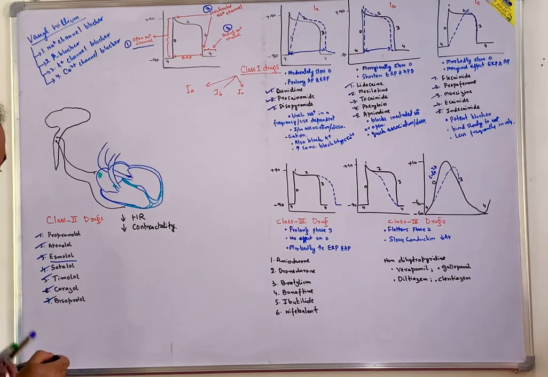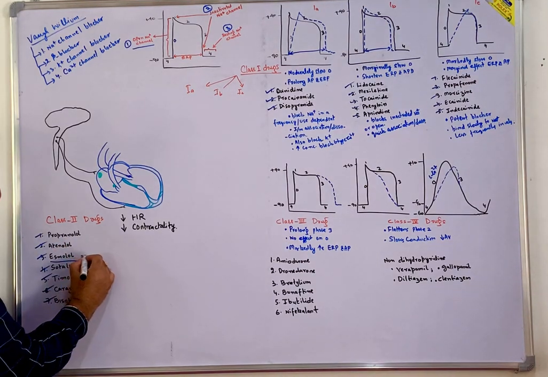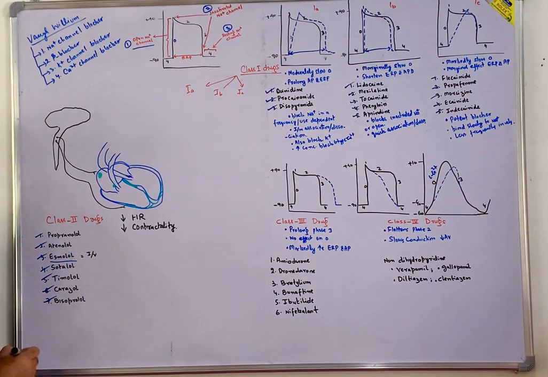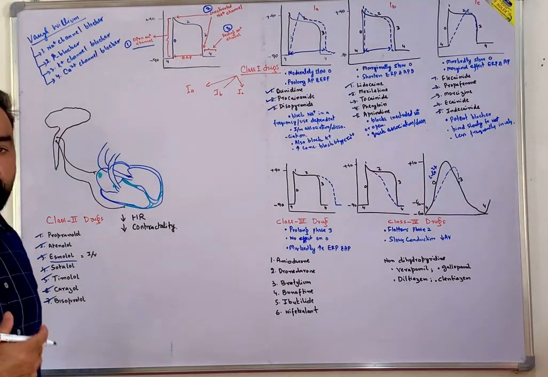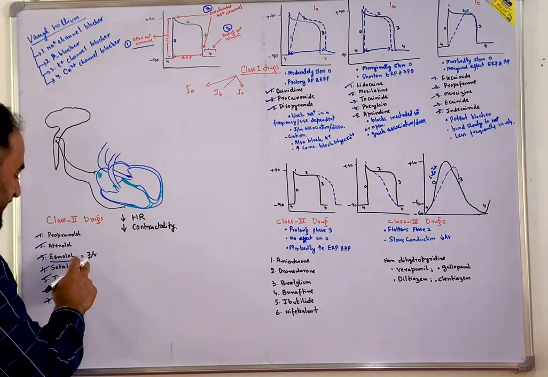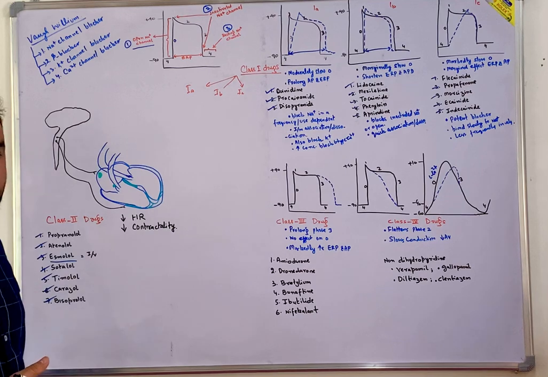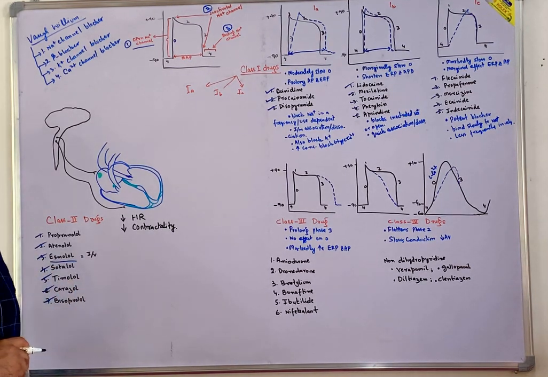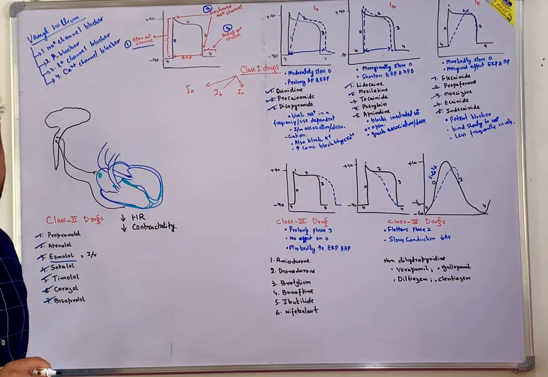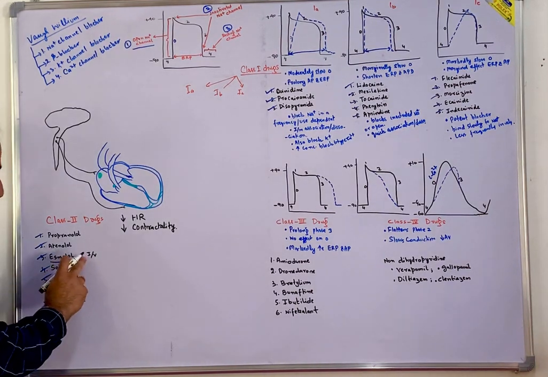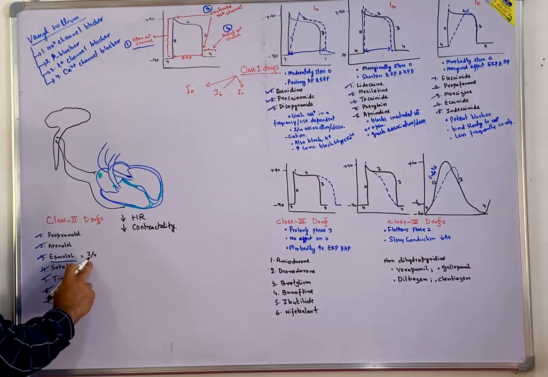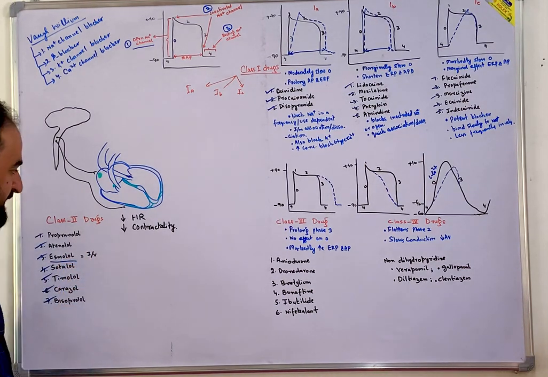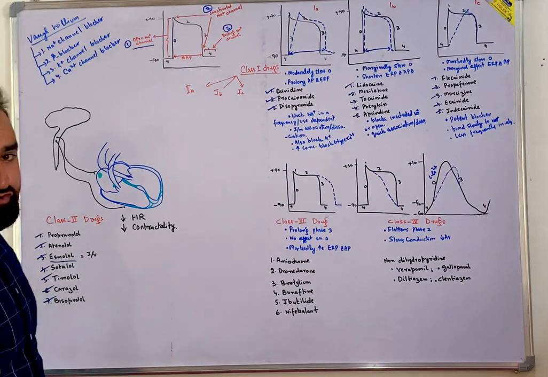That means it is given IV for treatment of the arrhythmia. It is given IV because it has a short half-life, and it is the best beta blocker given in emergency cases of antiarrhythmia. Now this is class 2.